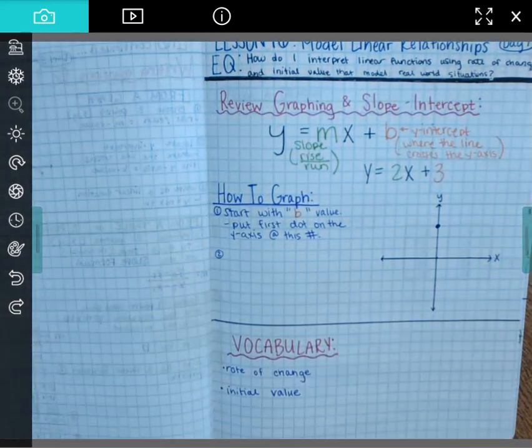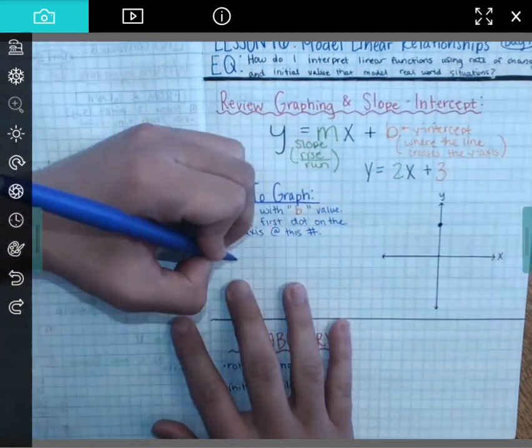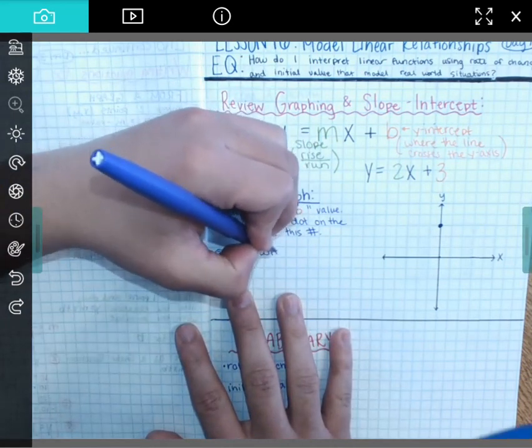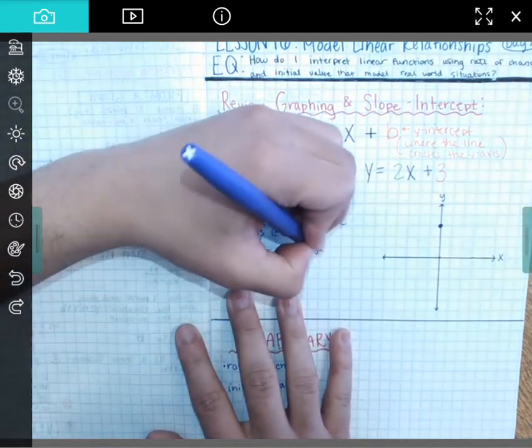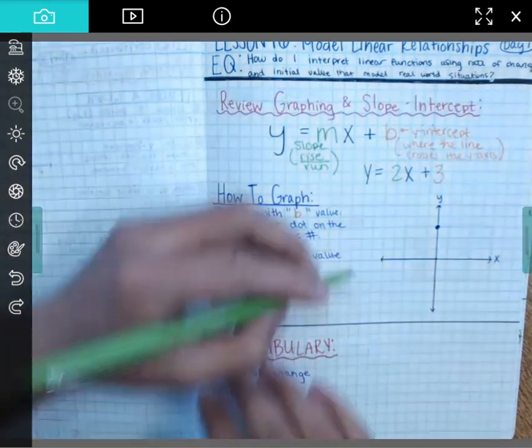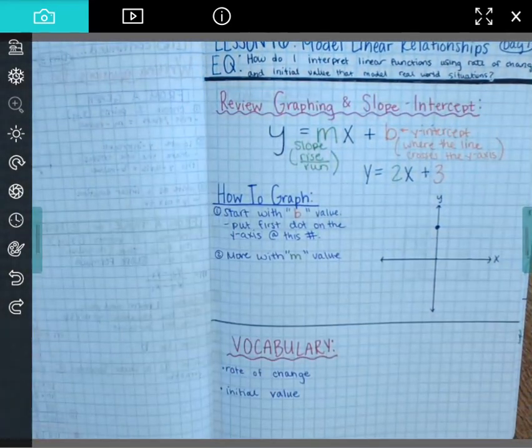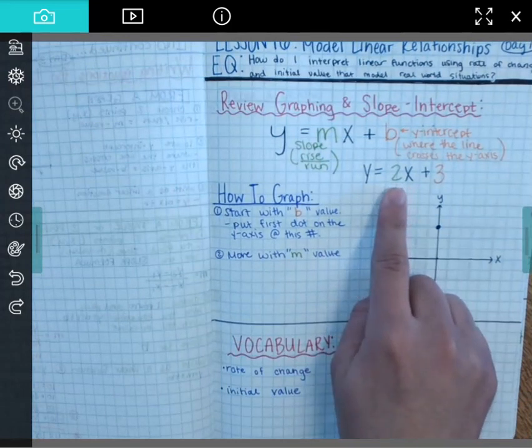Our second step is to move with slope, move with our m value. Sometimes our slope is written as a fraction, but in this case, it's not.